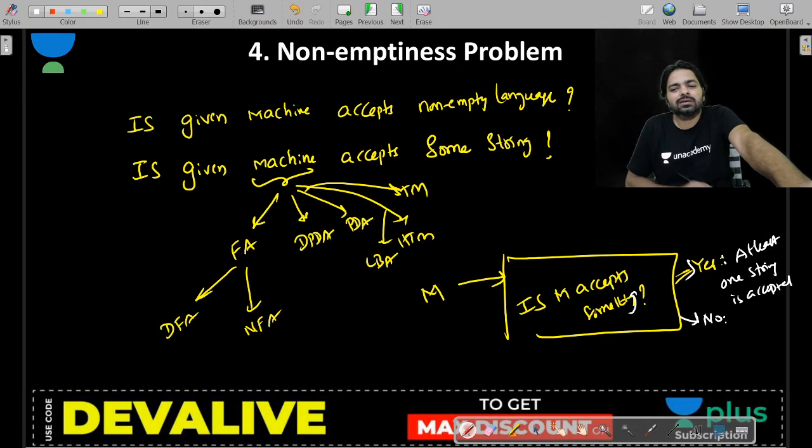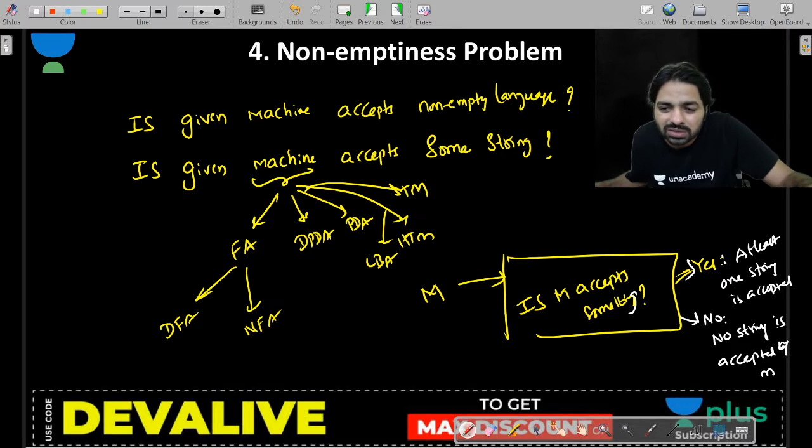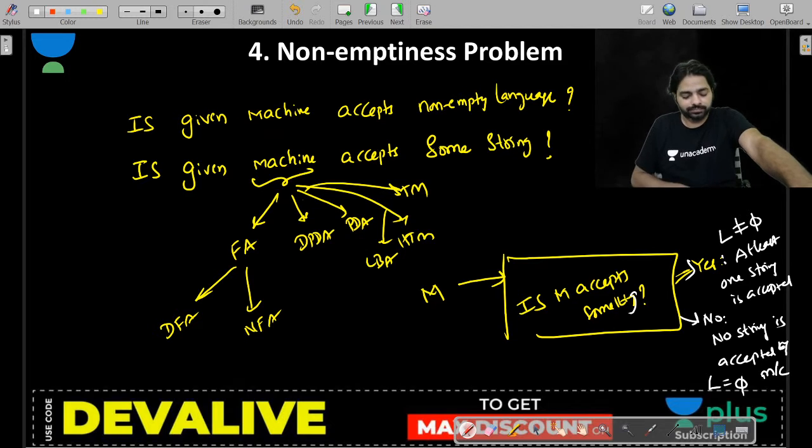No means no string is accepted. No string is accepted by a machine means every string is rejected. Are you clear? No string accepted means the language is empty. So this is language is not empty. Here the language is empty. Clear, guys?